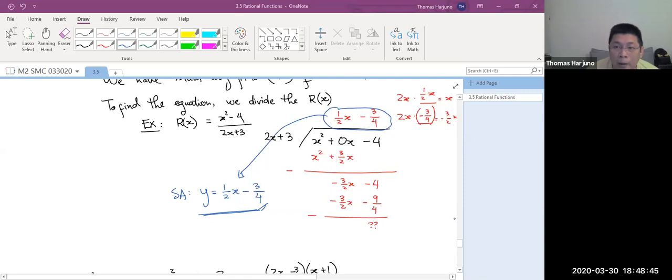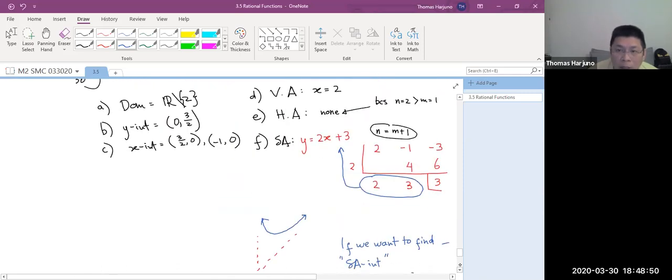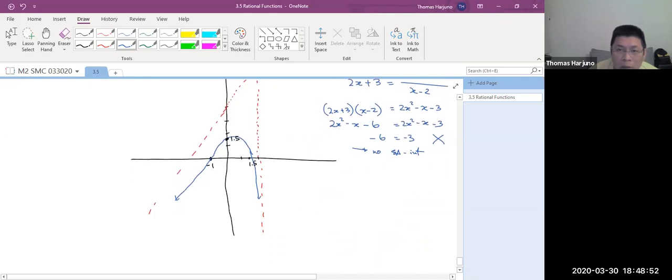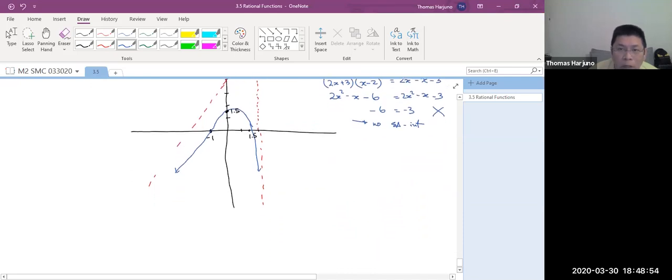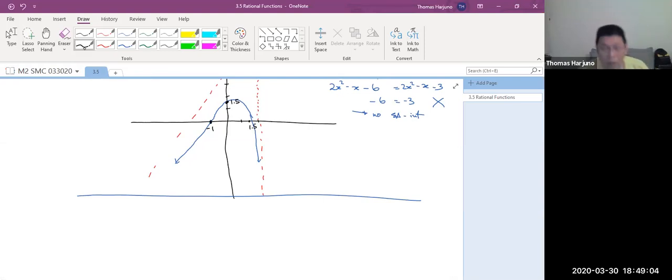Now, the last part of today's lesson will be a little further detail. The following is something I don't really ask. Actually, I don't think I will ever ask this type of question. But it does show up in our textbook. Something called a curvilinear asymptote.